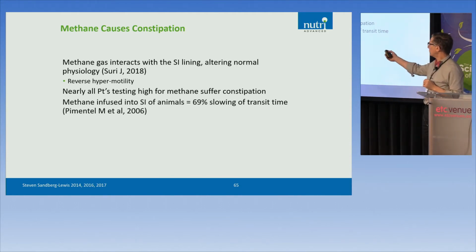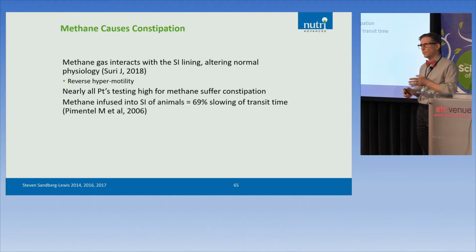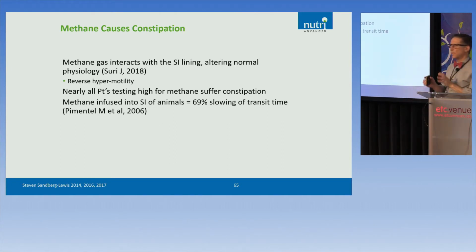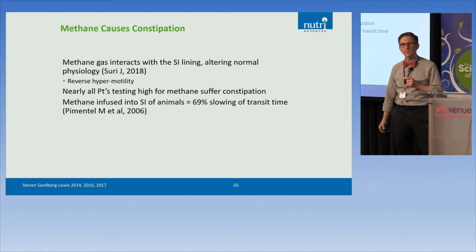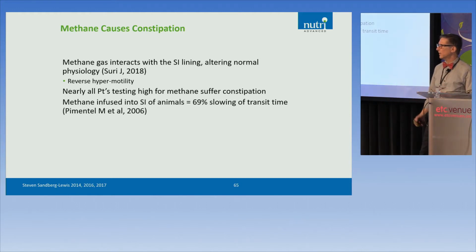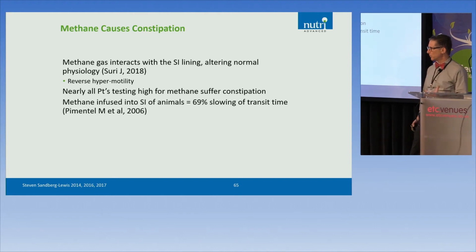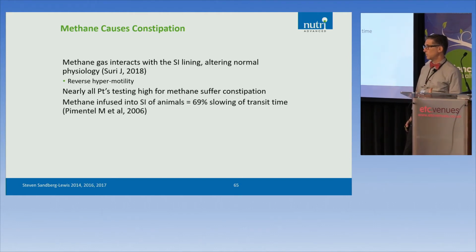Anyway, I think it causes reverse hypermotility in some of our patients. So reverse motility and more intense. So it's not just constipation. If you think about reflux, gastroesophageal reflux, and bile reflux from the duodenum into the stomach, we see much more of that when there's this much pressure of gas and when there's methane.